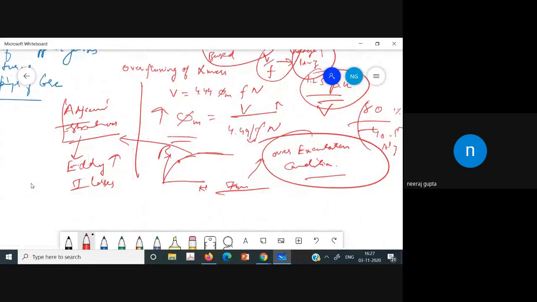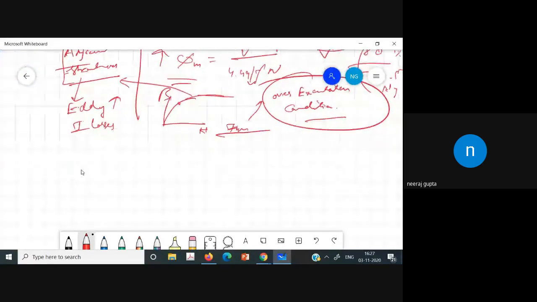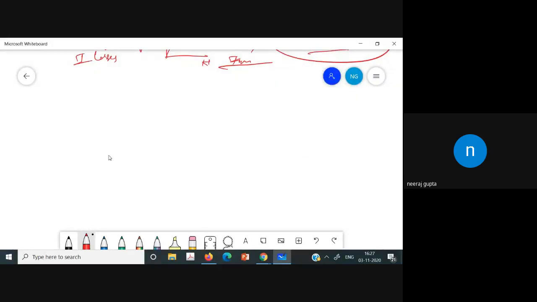Now, the last part is the transformer application chart that we have discussed till now.